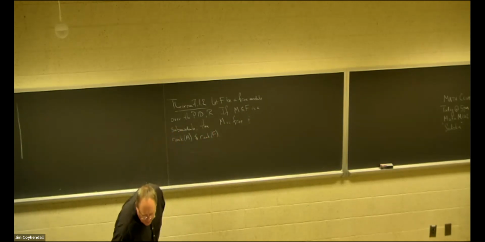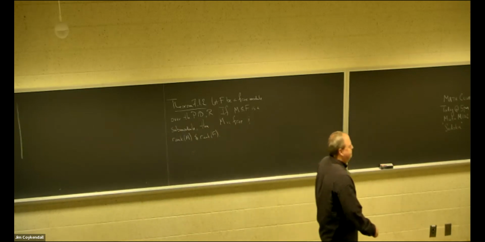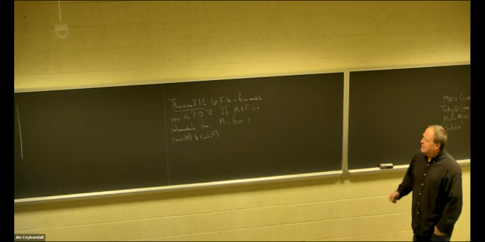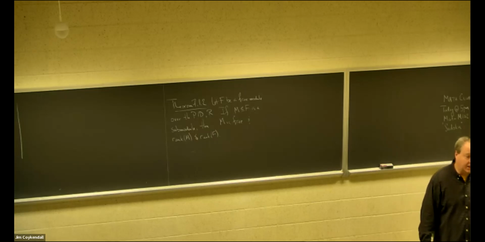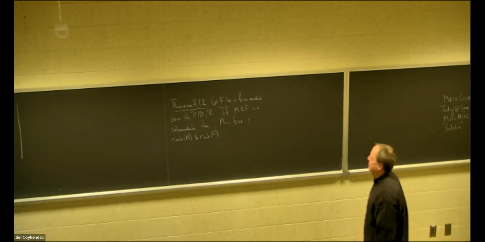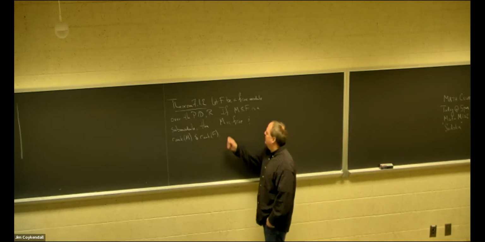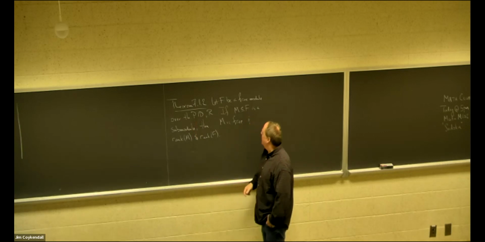So now let me say a couple of words about this. I am not going to prove this in general. I suspect that you have probably seen this in one form or another in the special case that F is a finitely generated free module. You probably saw this last semester when you looked at the classification of finitely generated abelian groups. If this is finitely generated, the proof's not so bad.